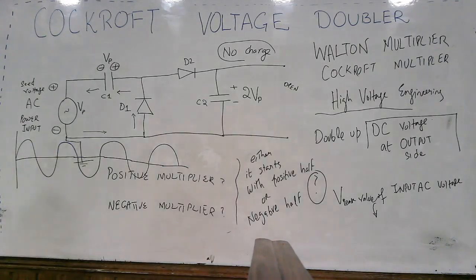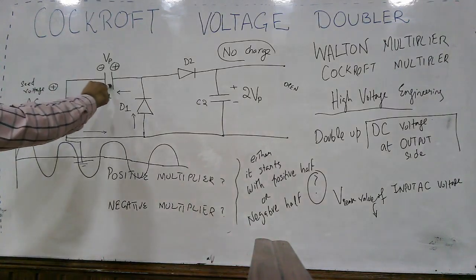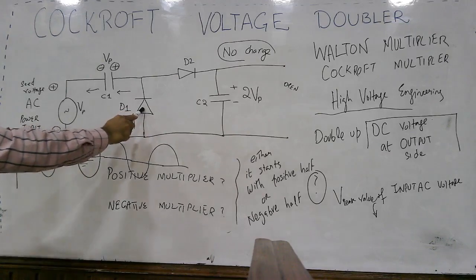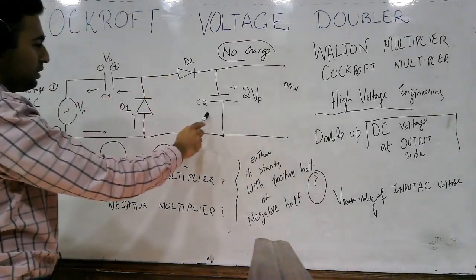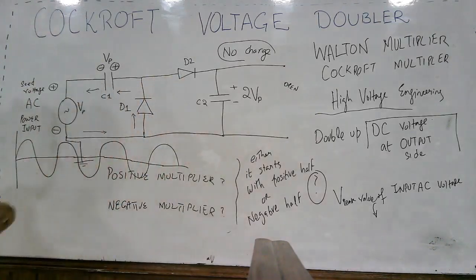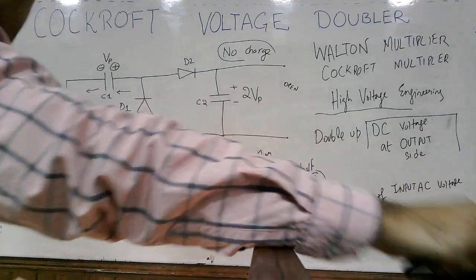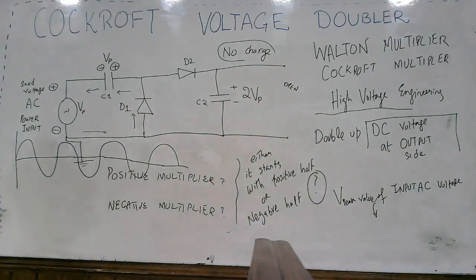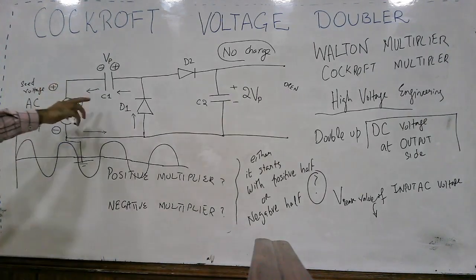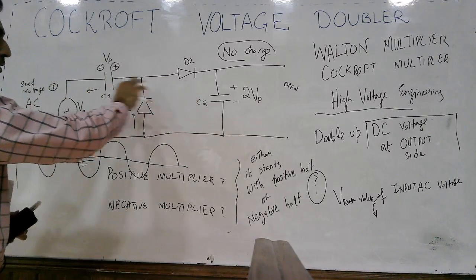Here we have an input AC voltage source, the capacitor C1, the diode D1, the diode D2, and another capacitor C2. So what we have seen is that initially we assume these capacitors are having no charge.